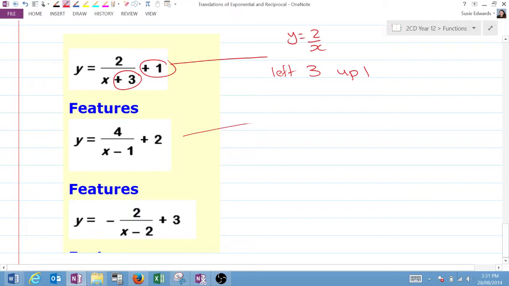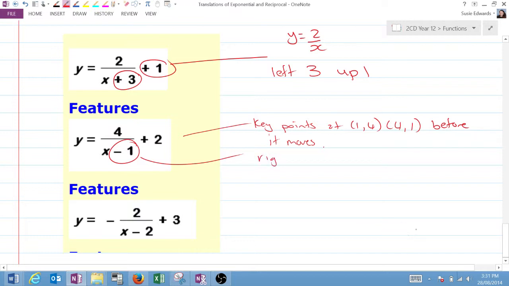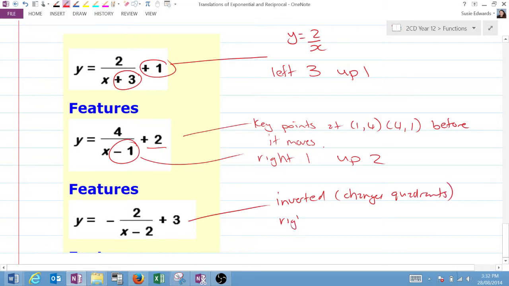For this one, key points at 1, 4, 4, 1 before it moves. Then we're moving to the right by 1 and up 2. This one is inverted, which means it changes quadrants. We're moving to the right by 2 and up by 3.